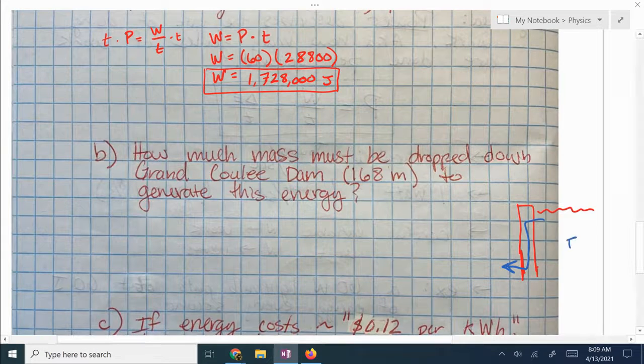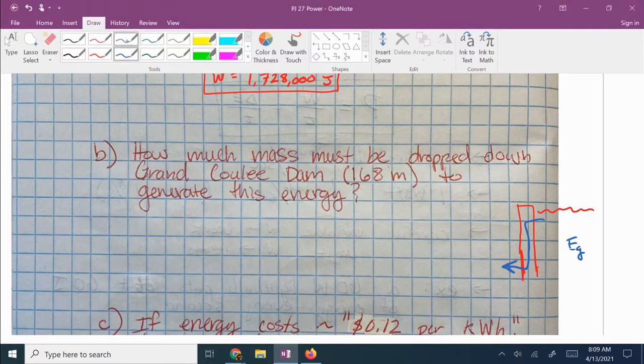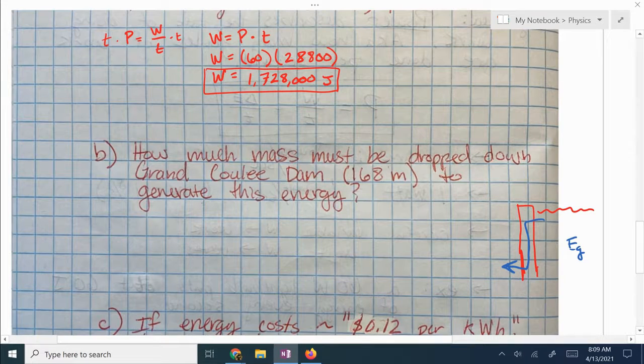We have gravitational energy stored back here. So the question is how much mass of water do we need to let through Grand Coulee Dam to generate this amount of energy?